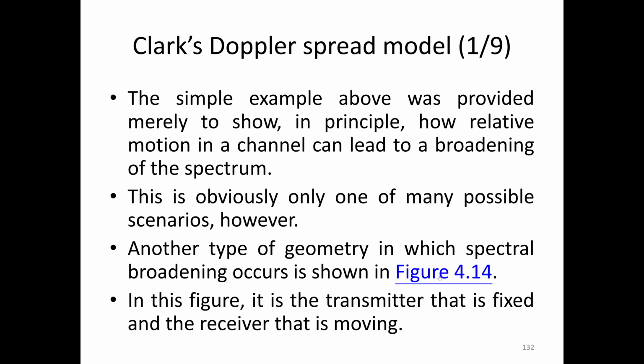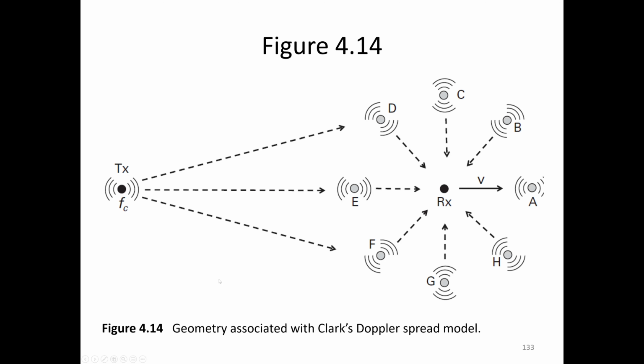Okay, let us go to figure 4.14. Okay, figure 4.14 is the geometry associated with Clark's Doppler spread model. Okay, here is the transmitter, which is fixed, and the carrier frequency is Fc.